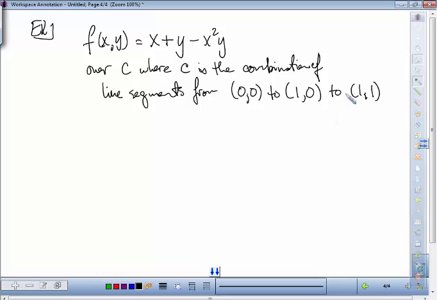So sometimes we have problems where C isn't just one smooth curve. C is a couple of pieces of curves. And in this particular case, we start off with 0, 0, and then we go to 1, 0, and then we go to 1, 1.